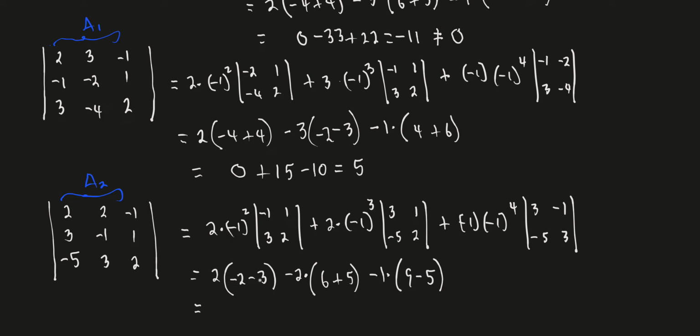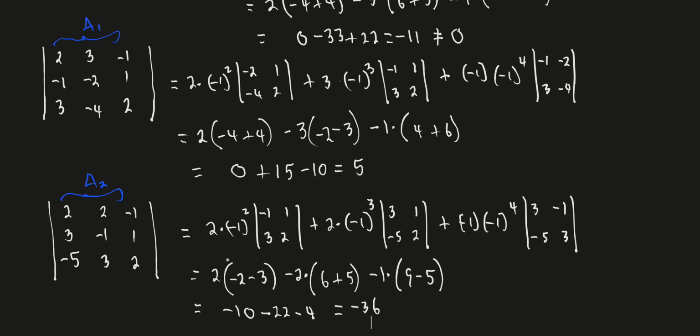So this is a -5 times 2, that's -10, and then we got 11 times -2, that's -22, and then we end up having minus 4. So this is negative 36.